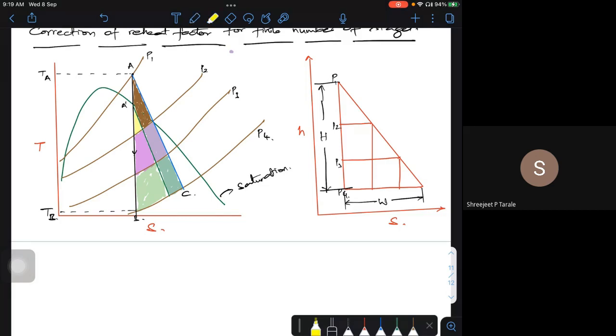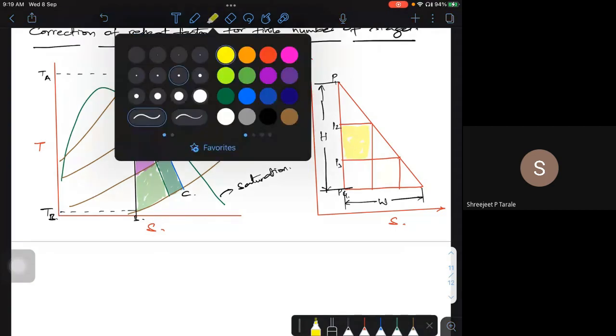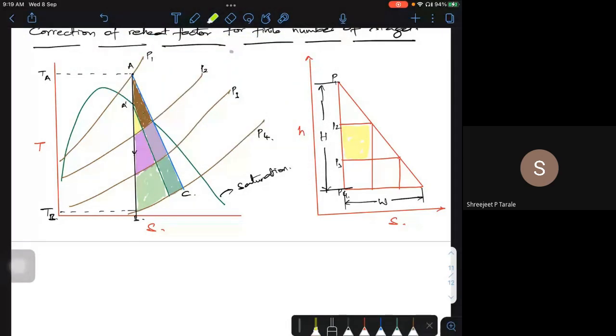This is one, maybe a small rectangle, and this is also one more rectangle. These two rectangles may be of the same size or of different sizes, it doesn't matter. Then added to this, I have certain triangles here. Look at this, this is one triangle.